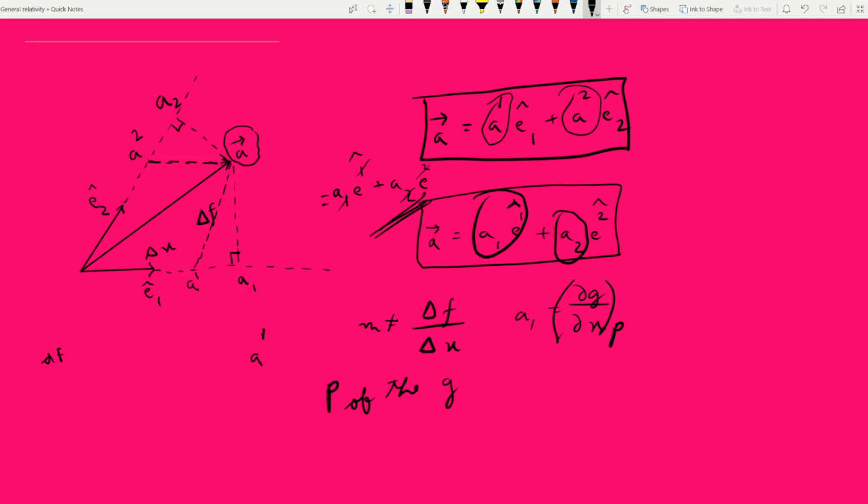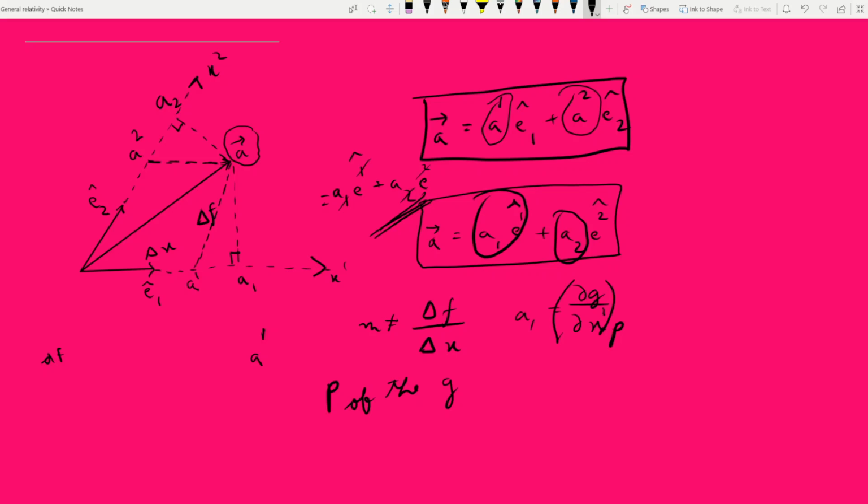Now what is A2? This coordinate is just x1 and this coordinate is just x2, right? We can write down the coordinates as x1, x2, x3, x4. I've established that in lecture 2.